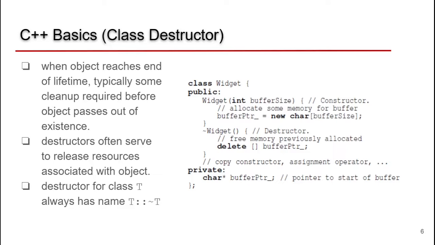This way you make sure that what you allocated at runtime, when you reach the end of lifetime, you free the resources. And this is the most important part of the destructor. Any question?